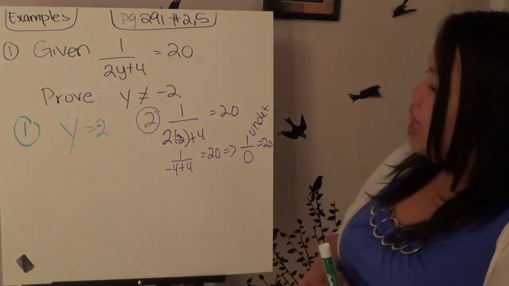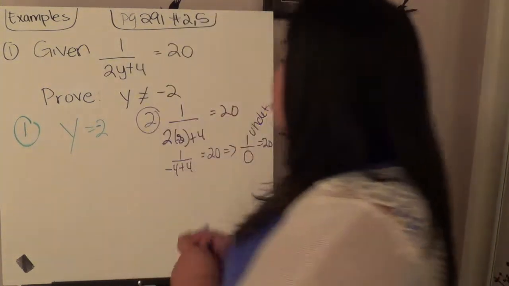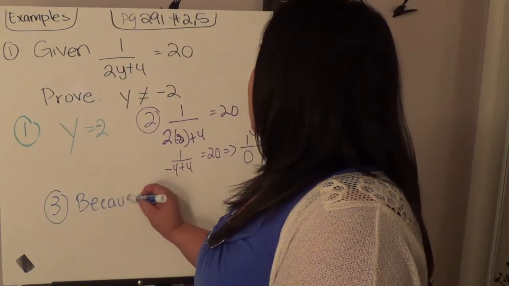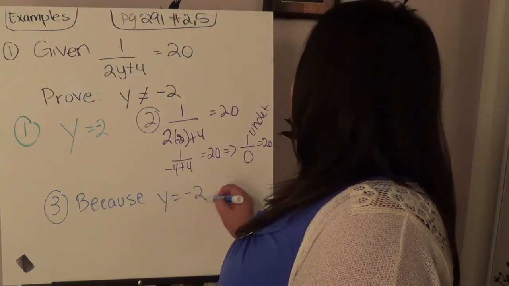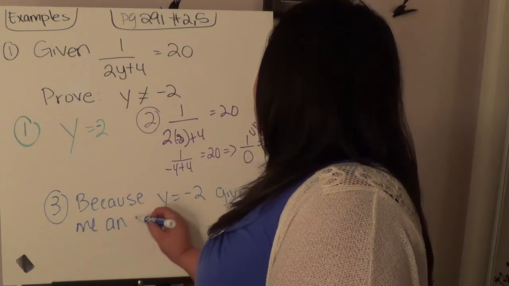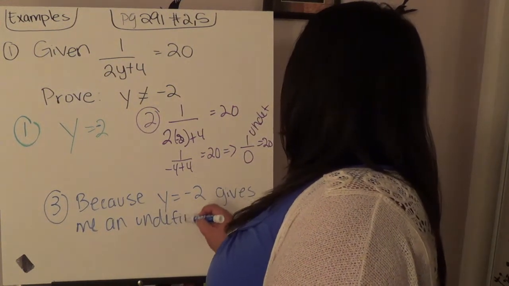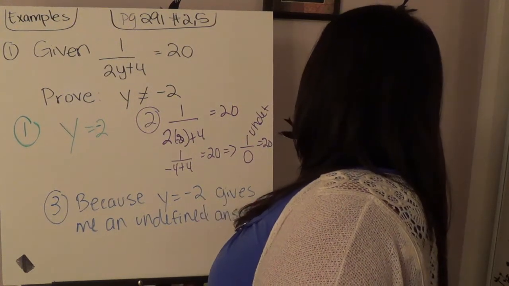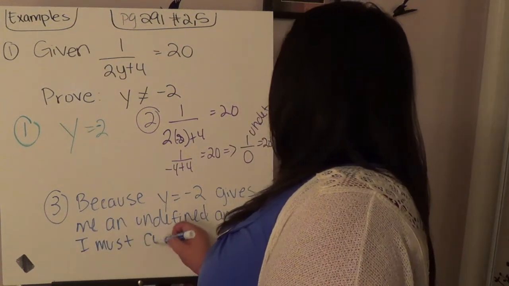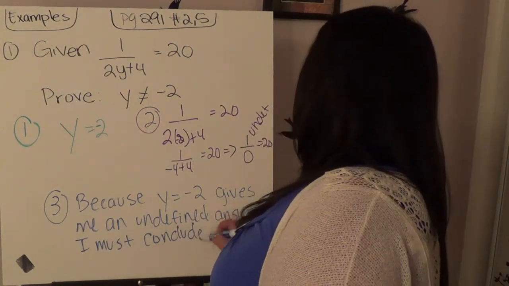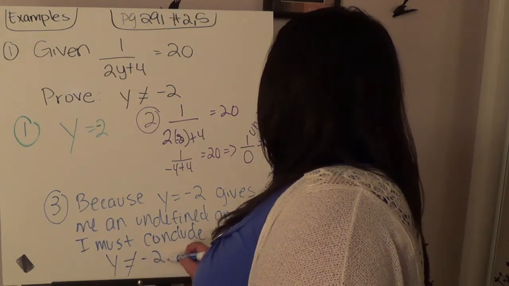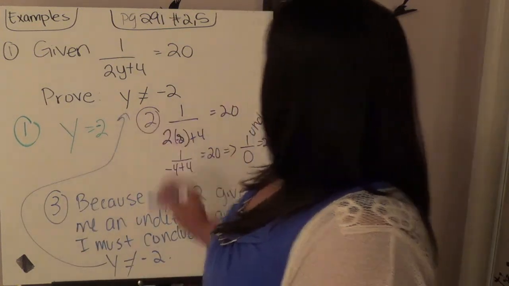So my last step is just to bring it all together. What I'm stating is, because y equals -2 gives me an undefined answer, I must conclude that y does not equal -2, which is my original statement there.